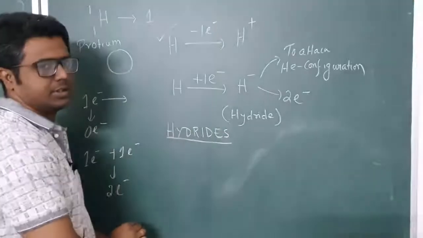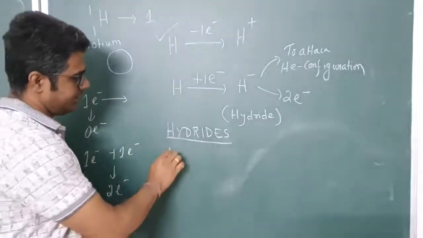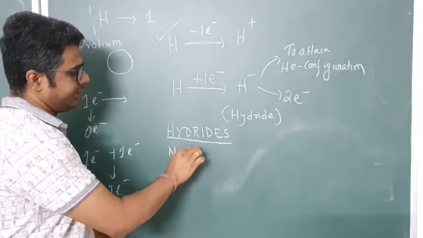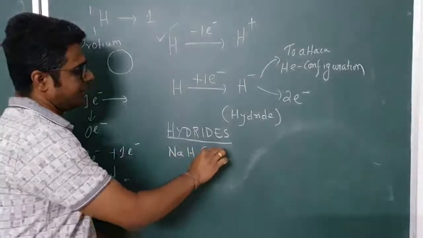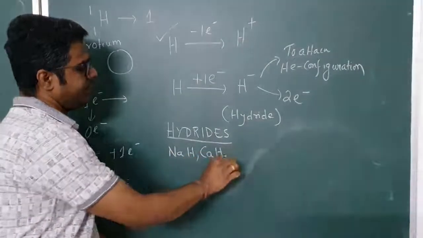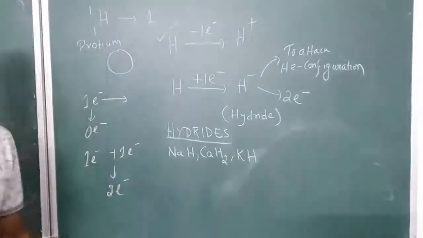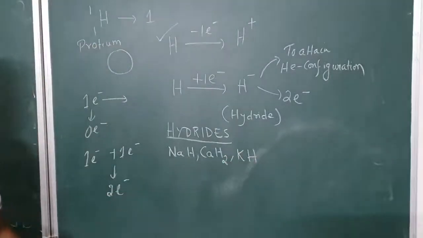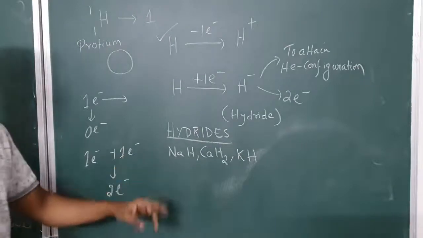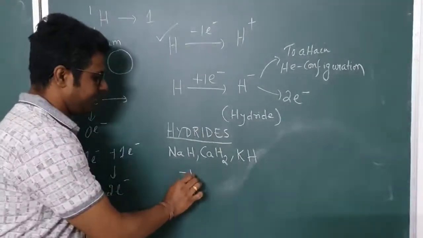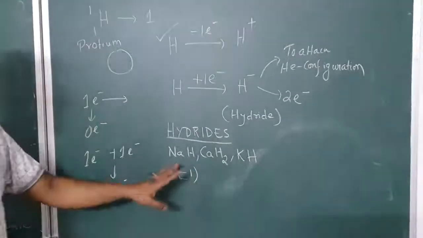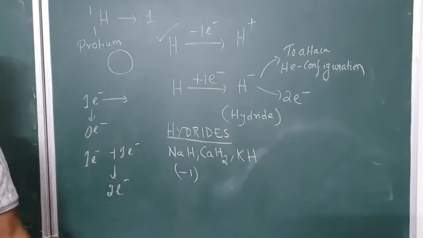In hydrides like metal hydrides, sodium hydride, calcium hydride, potassium hydride, lithium hydride, all these hydrides, hydrogen has charge -1. Other than hydrides, hydrogen will have charge +1, okay.